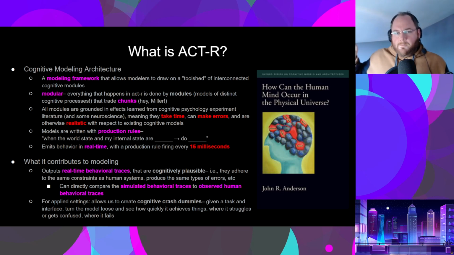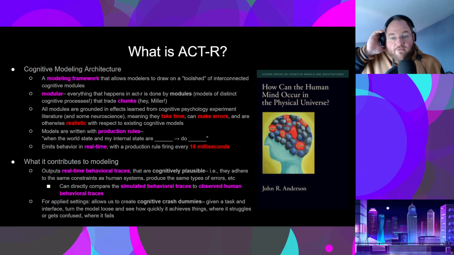So what it is, is a modeling framework that allows you to draw on this sort of tool shed of interconnected cognitive modules. This modularity, everything that happens in ACT-R is done by the modules. They're models of distinct cognitive processes that trade chunks around.